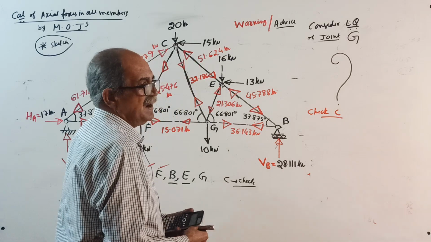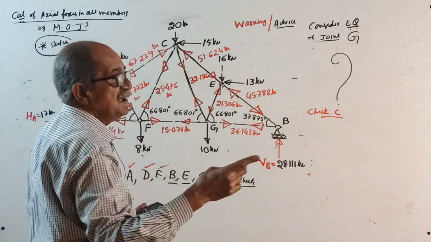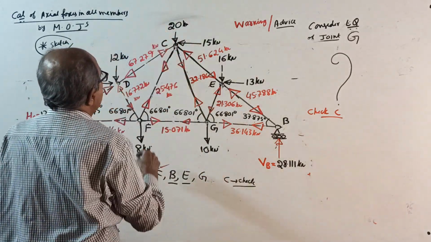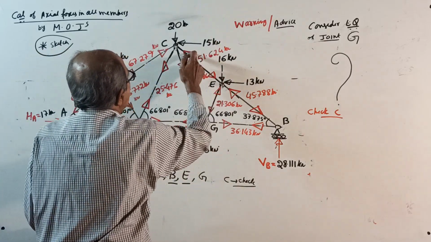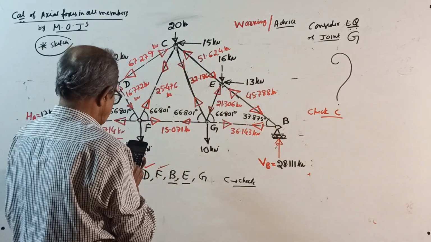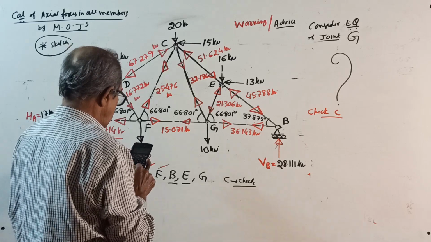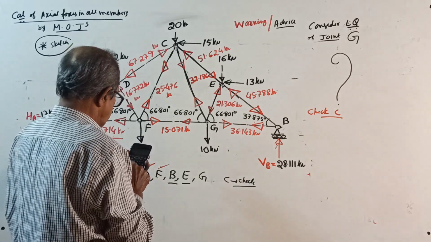It will be satisfied. I will apply the check here. See, I will apply sigma V check. Sigma H you apply. Sigma V: plus 67.279 sine of this angle plus 51.624 sine of this angle, that is 67.279 plus 51.624 into sine of combined angle, I am doing 37.875.